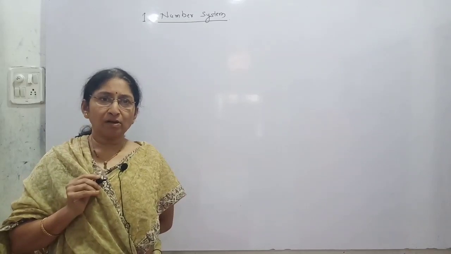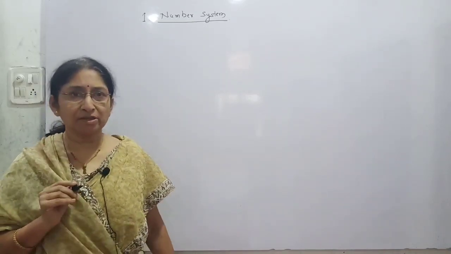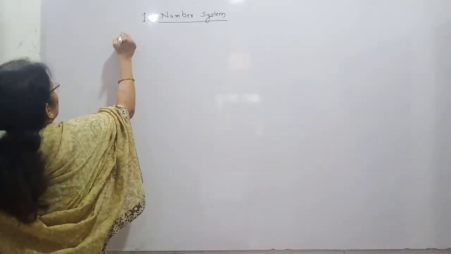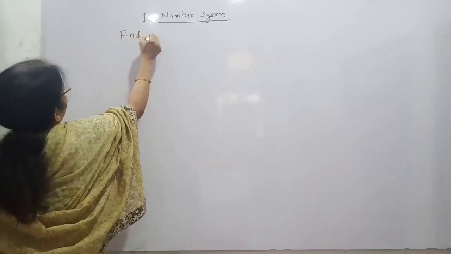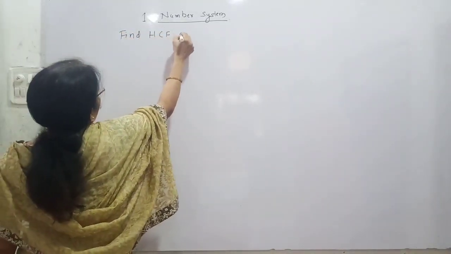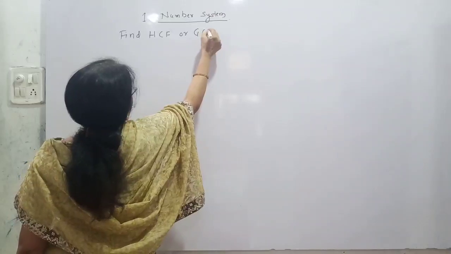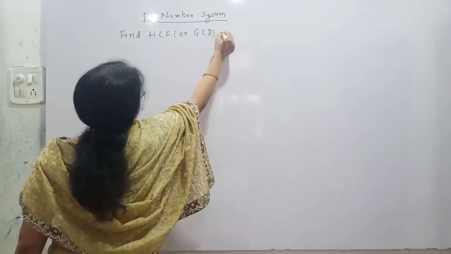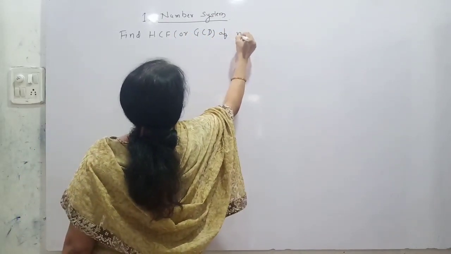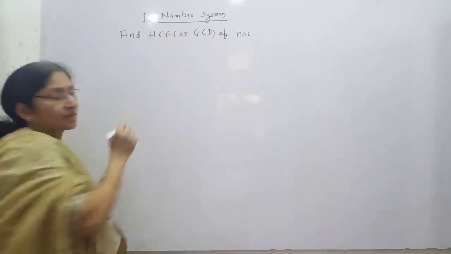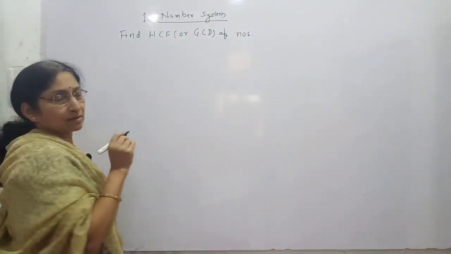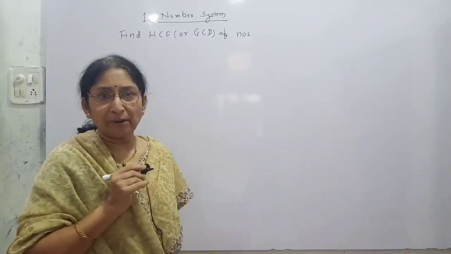First recall how to find HCF or GCD of numbers. The first easy method is the prime factorization method.